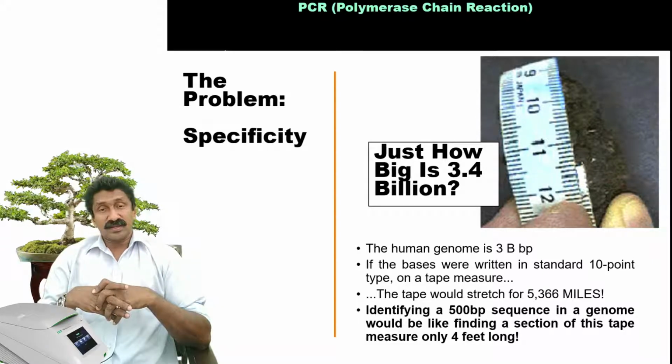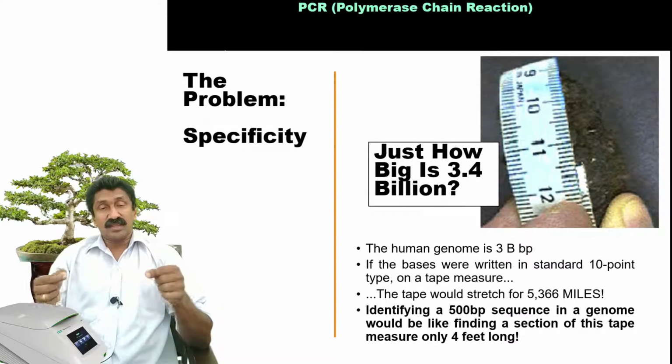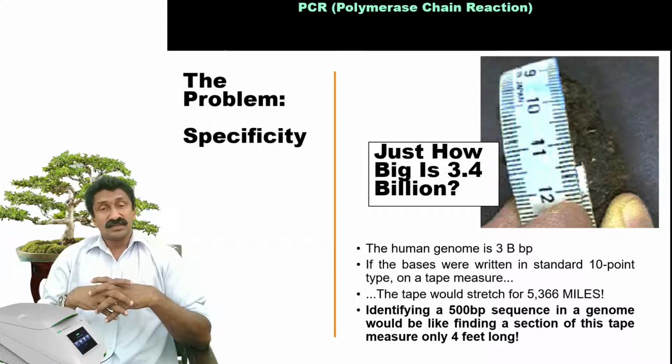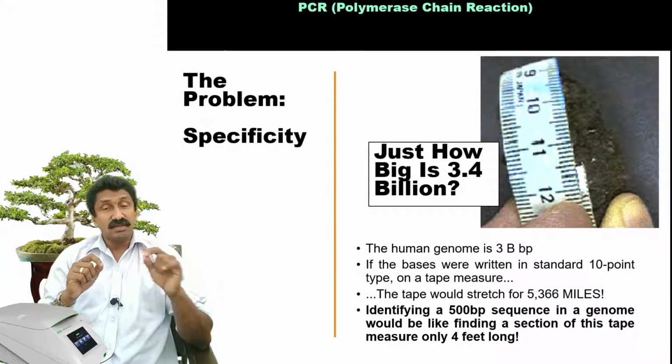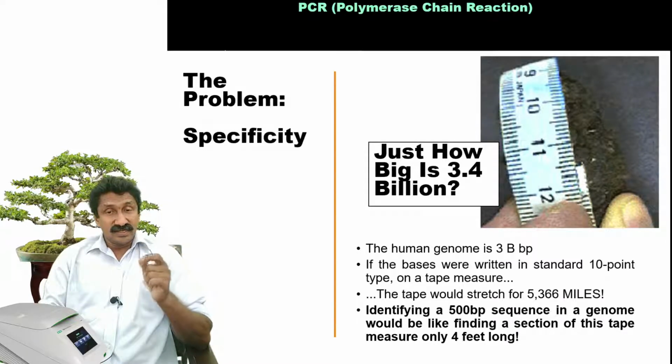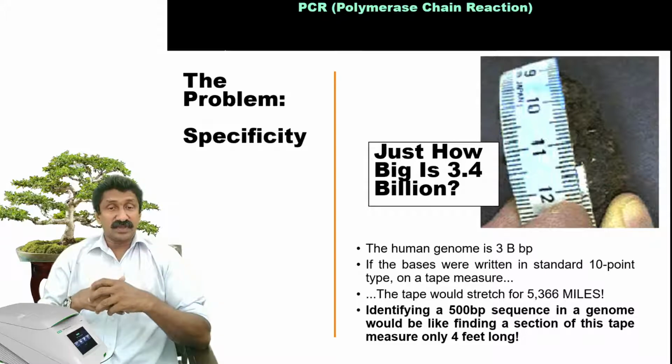So in the normal scale in which each base is represented in 1 mm distance, the length of the tape required to write the 3 billion base pairs is 5,366 miles. Now think about identifying a 500 base pair sequence in such a large genome of 3 billion base pairs.